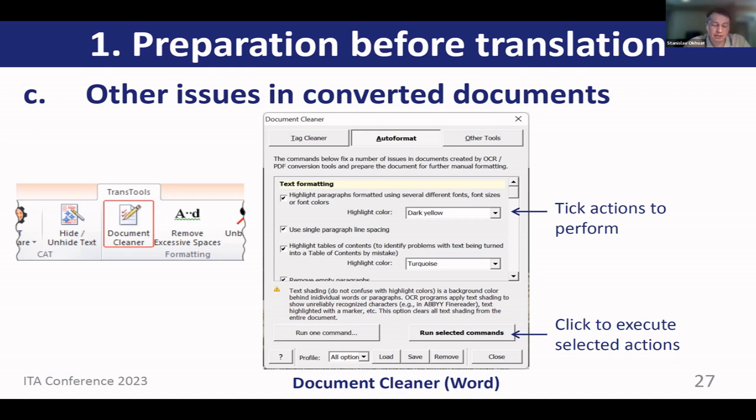To run the Auto Format command, open Document Cleaner by using the button under TransTools tab, switch to Auto Format tab, check the boxes for the actions that you would like to perform, and click Run Selected Commands button.